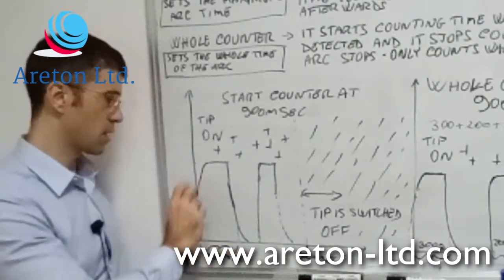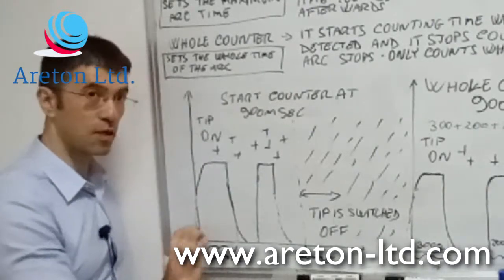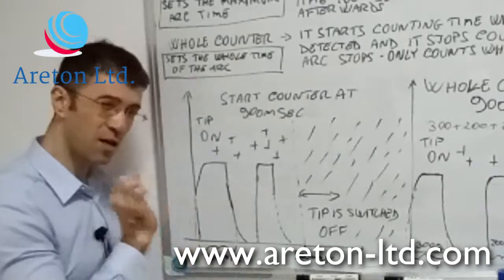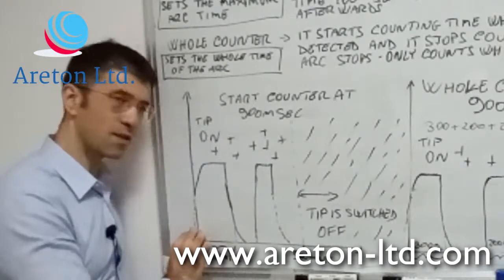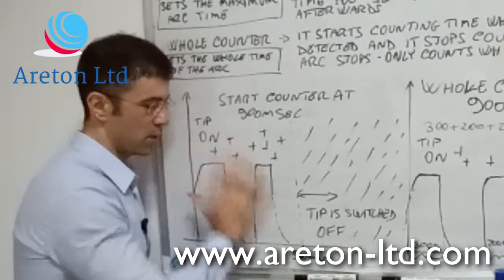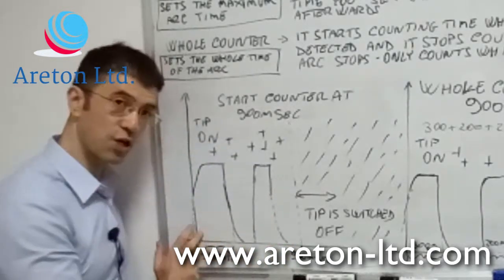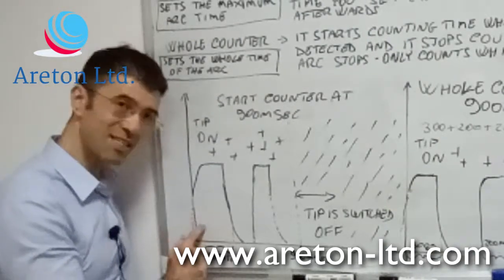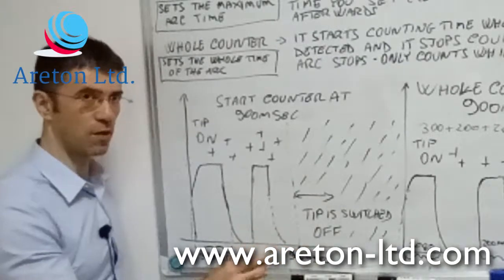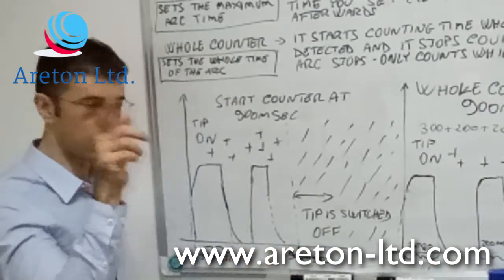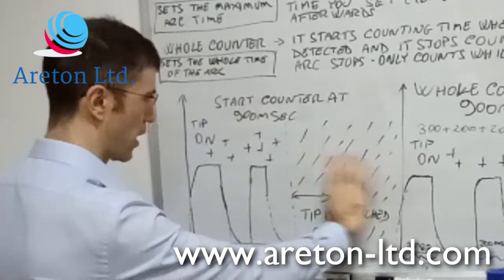It doesn't detect it immediately, because it takes a tiny bit of time for the device to detect it. And when it starts detecting it, it starts counting. Over this whole duration of 900 milliseconds after the device has detected the first arc, it will switch off the tip of the device. Very simple. So 900 milliseconds is on, then it is off.